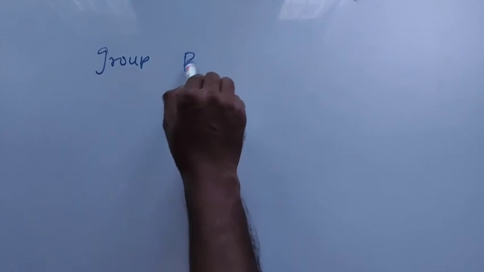So if we take up the summary of the whole discussion, in a group, polar protic solvent. Suppose we consider fluoride, chloride, bromide and iodide in polar protic solvent.